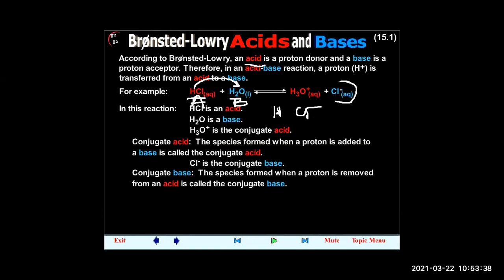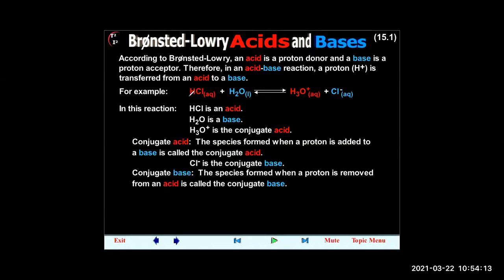So Cl- is your conjugate base, while this is your conjugate acid. When a proton is taken away from HCl, what you have left behind is Cl-, which is called the conjugate base. Just like acid, conjugate base; base, conjugate acid. You can see those. So acid and base, conjugate, let me clear this.